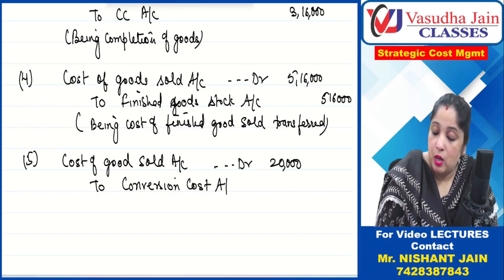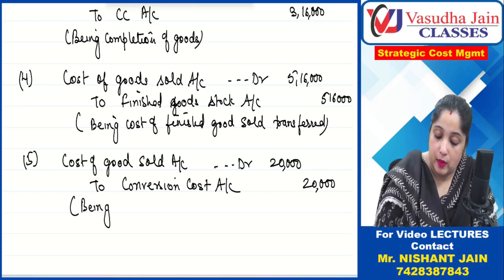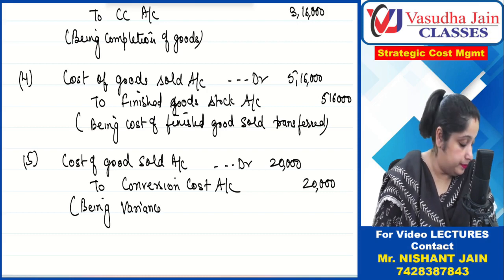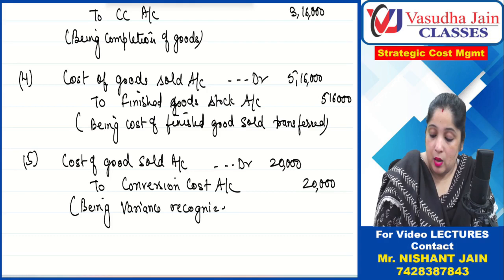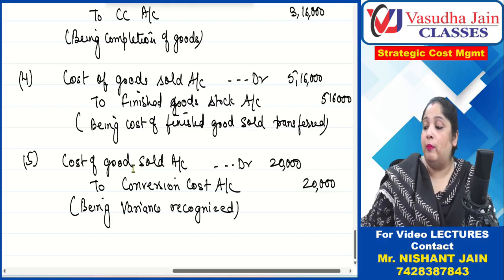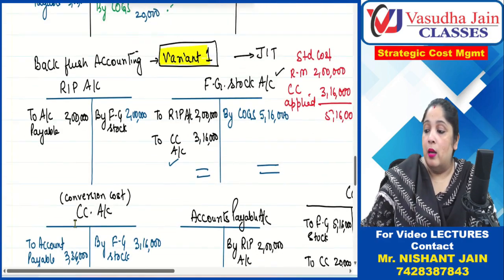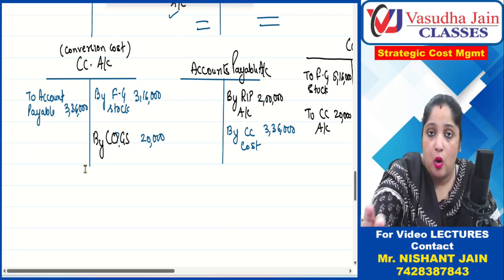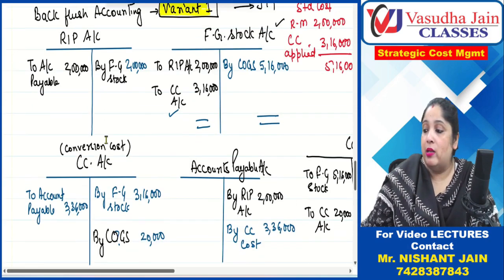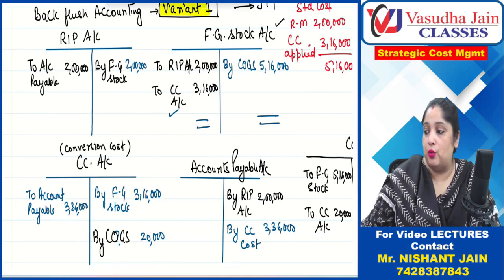Conversion cost account, 20,000, being variance recognized. Either you can make conversion account one account, or you can bifurcate this account into two parts, direct wages and overheads. It is not wrong, okay? Then direct wages will be transferred to finished goods and overheads applied will be transferred to finished goods, okay?